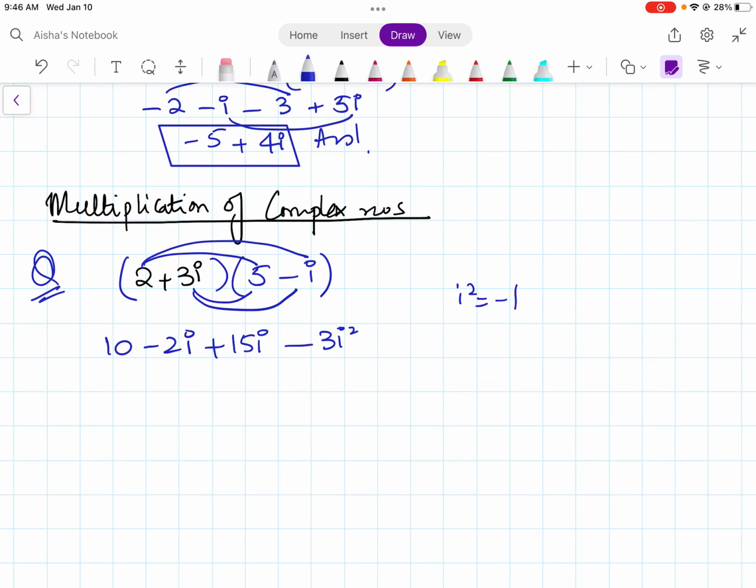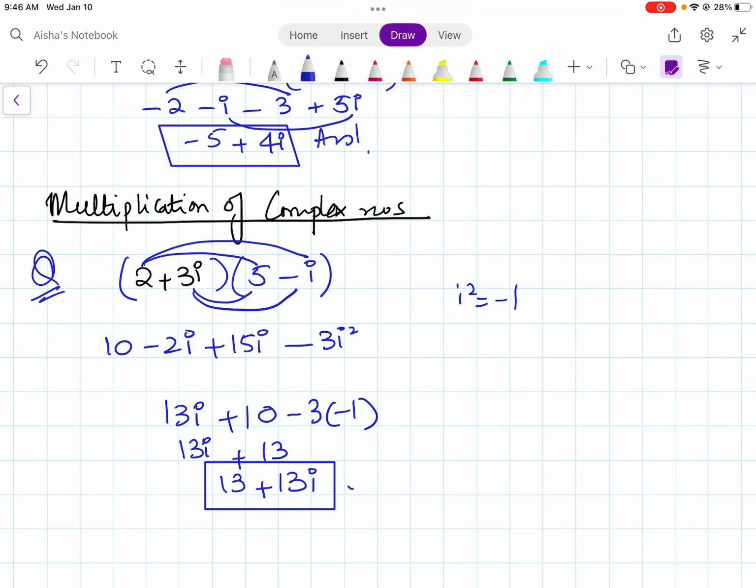Iota square is minus 1. 13 iota plus 10 minus 3 minus 1. 13 plus 3, 13 iota. You can rearrange and write it like this.